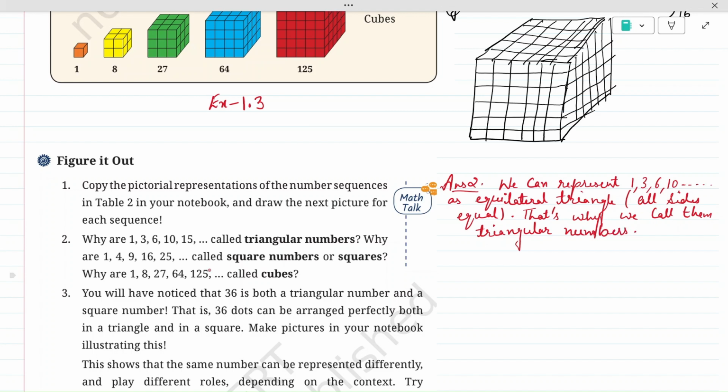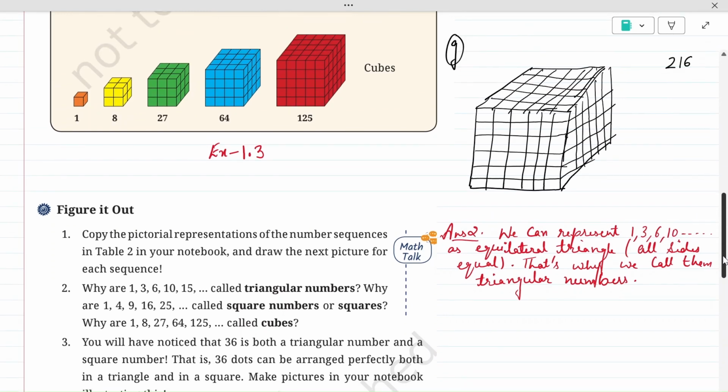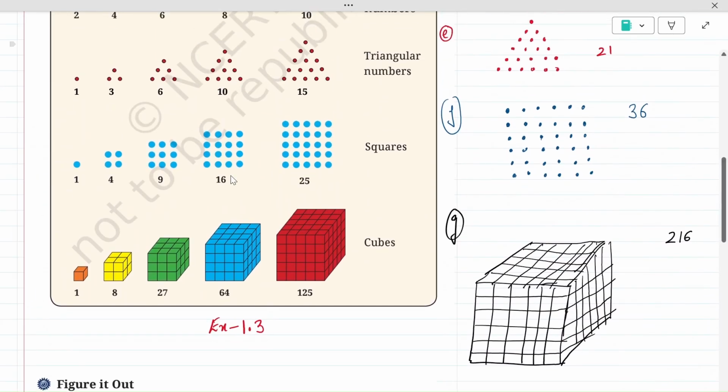Now, next one is why 1, 4, 9, 16, 25 are called square numbers, and why the series 1, 8, 27, 64 and 125 are called cubes. The same we can see in the diagram. First let's see the square numbers. 1 is single. 4 we can represent in the form of a square having all sides equal. 9, again 3 dots on all sides equal.